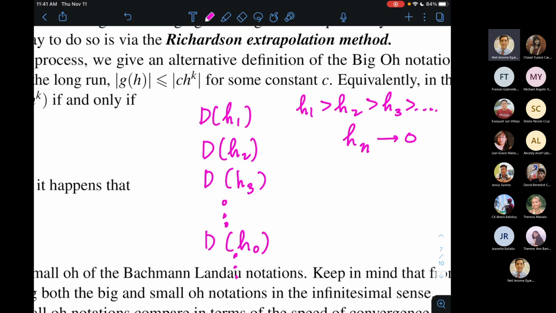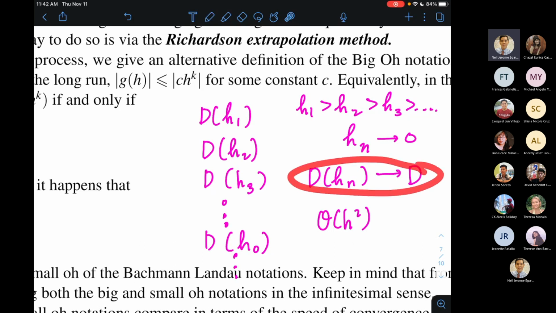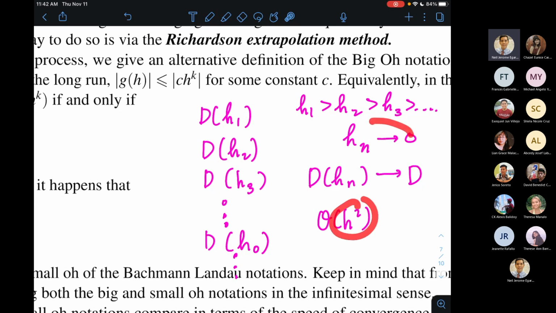If this happens, then the sequence of approximates D(h_n) will converge to the actual value from a theoretical perspective. Meaning, in an ideal machine, we should get the actual value of the derivative as the limit of the sequence of approximates. But in our example last time, the 3-point centered formula was big O of h squared. So the sequence of approximates converges to the actual value as fast as h squared goes to zero.